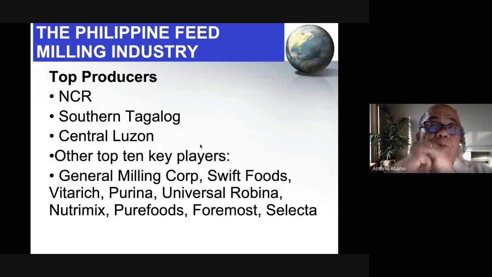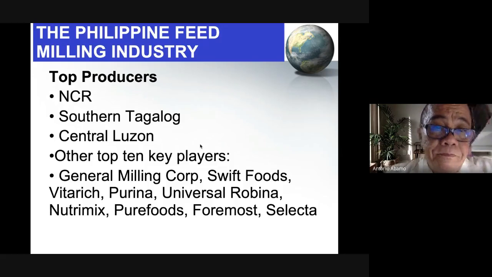Now the top producers in the feed milling industry are in NCR, Southern Tagalog, Central Luzon, and other key players. This time, Mindanao is catching up, but the position of NCR and Southern Tagalog still cannot be neglected.